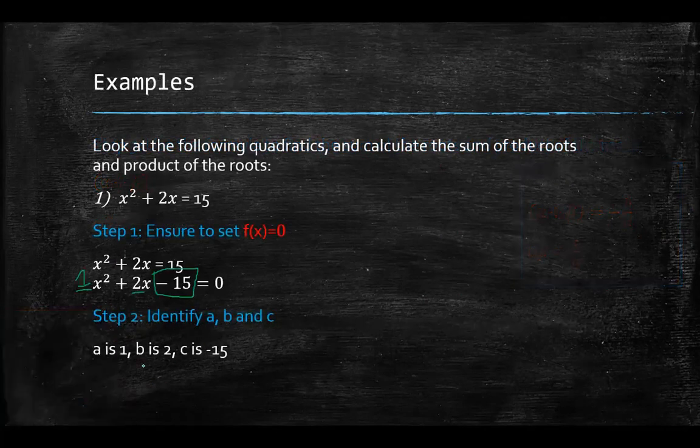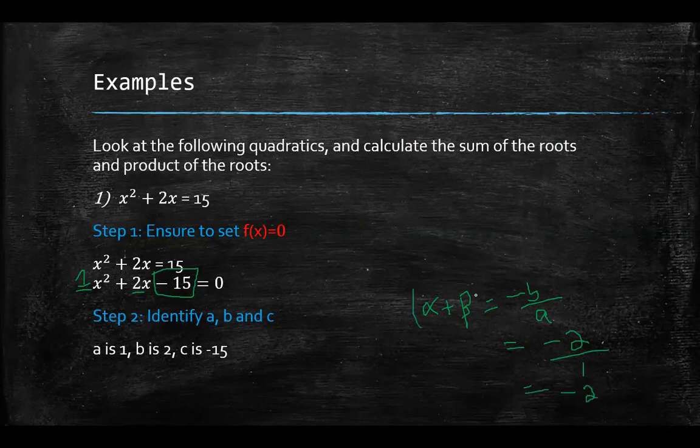We said b is 2, so minus 2 on a, which is 1. Minus 2 on 1 is the same as minus 2. So that's our answer for alpha plus beta, the sum of our roots. Understand that? Yes, miss.